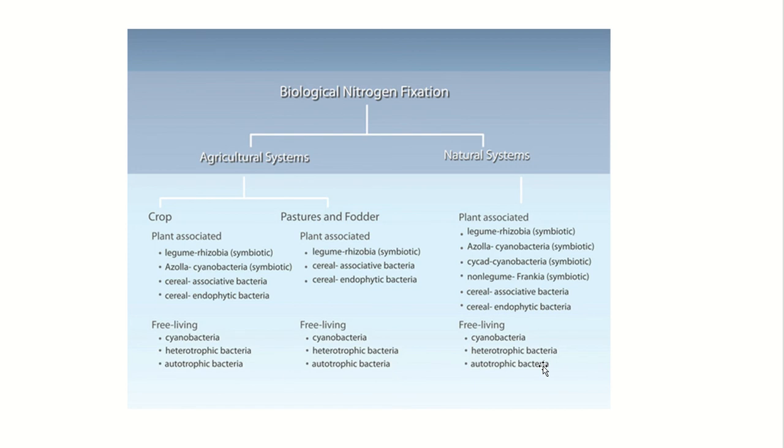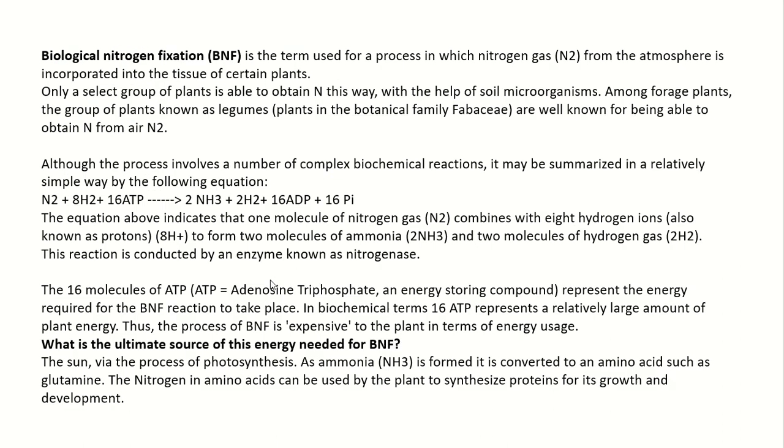So here are two agriculture systems: one is crop, another is pasture and fodder. Plant-associated means cereal-associated bacteria, cereal endophytic bacteria, and cyanobacteria, that is Azolla and cyanobacteria, which is symbiotic. Legume and rhizobium is also a symbiotic reaction. So that can also be asked in biological nitrogen fixation.